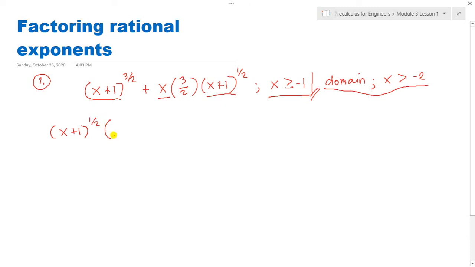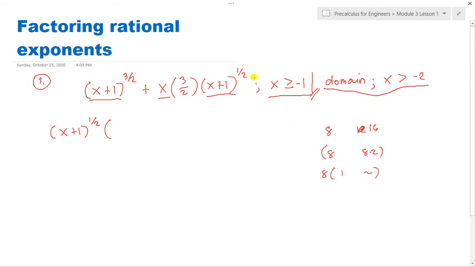Standard pag mag-factor. Why? Because let's say if you have here 8 and 16 lang, di ba 16 can be a factor of 8 times 2. So therefore, yung kukunin mo talaga is yung 8 kasi 8 yung common.